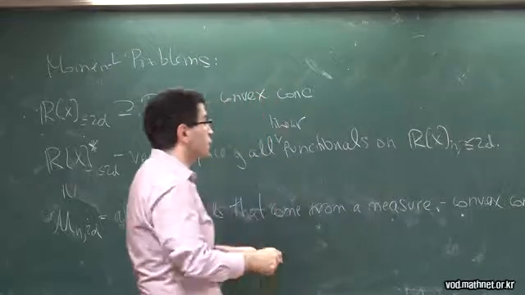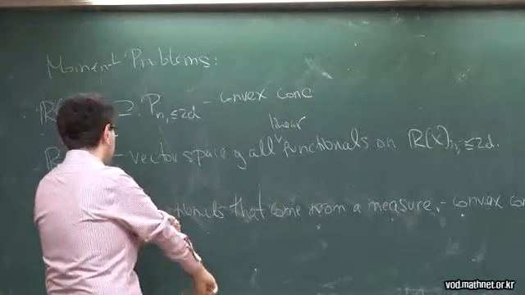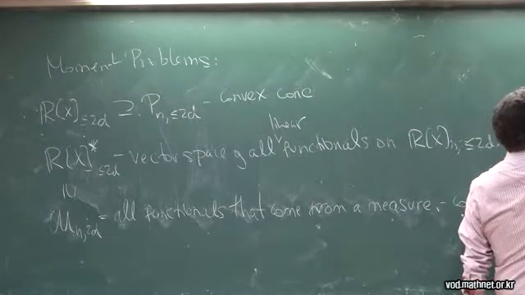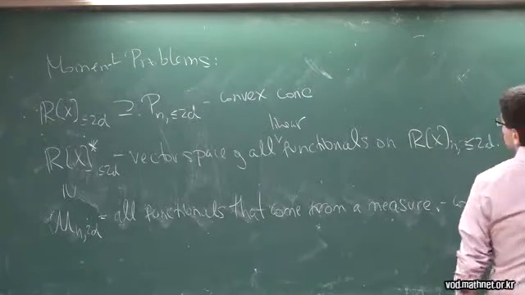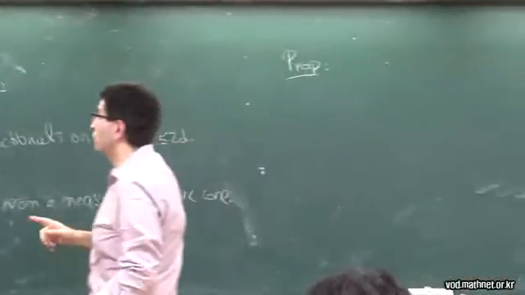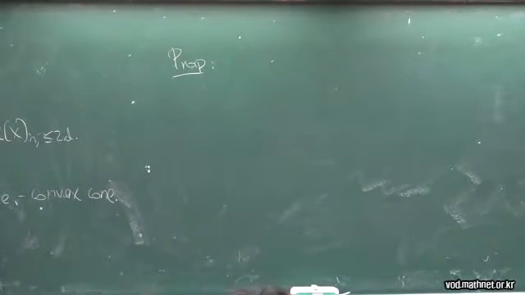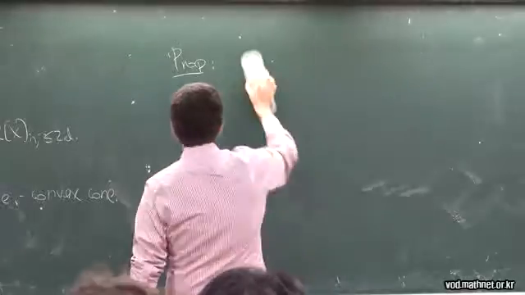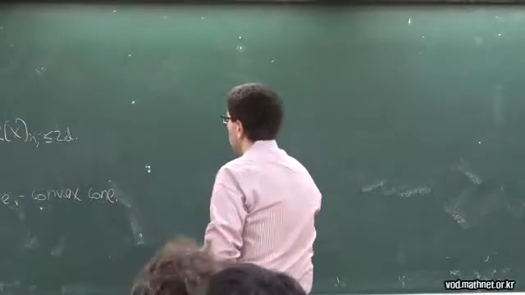And what is the relationship between these cones? So let's say I will write down a proposition, which I will not prove. Maybe I need to define something first. What is a dual cone?